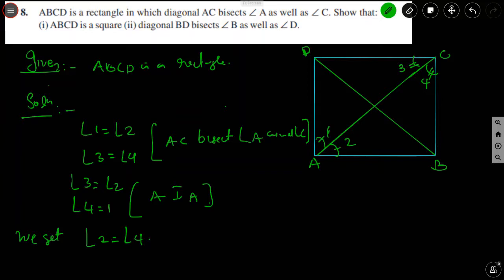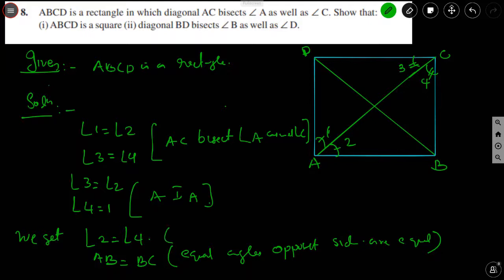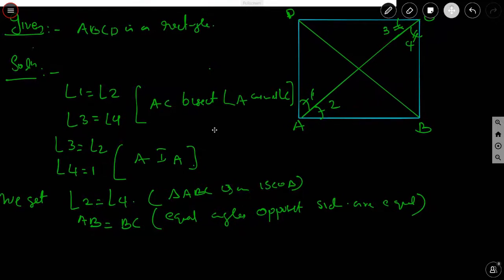Equal angles, so opposite sides are equal. AB is equal to BC. The reason: equal angles, opposite sides are equal. Or you can write, when you get 2 is equal to 4, triangle ABC is an isosceles triangle. So AB equal to BC, and similarly AD equal to DC we will also get.